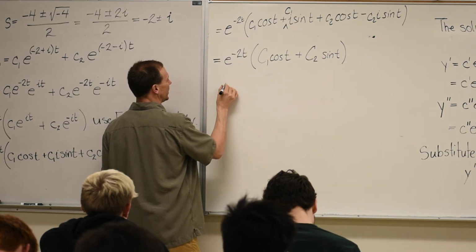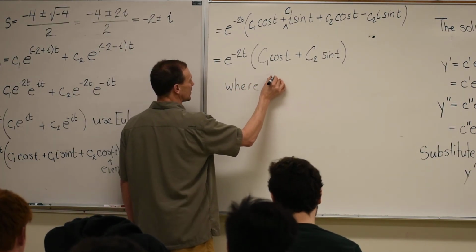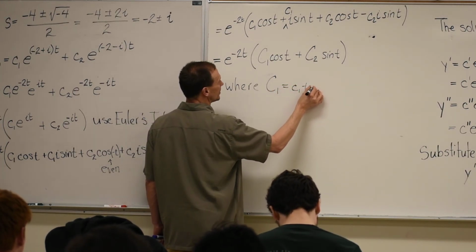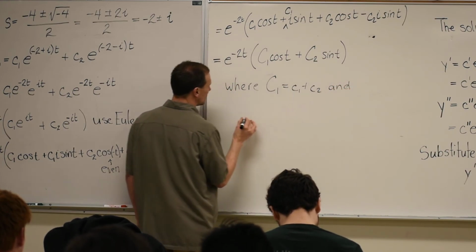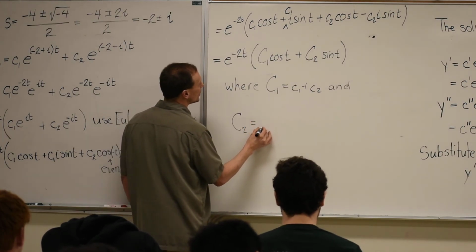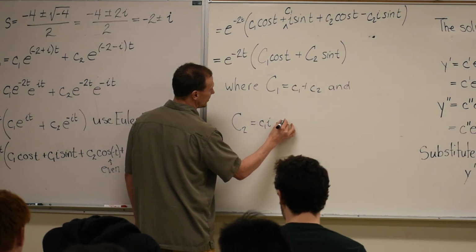And let's make a note where big C1 is the same as little c1 plus little c2, and big C2 is C1 i minus C2.